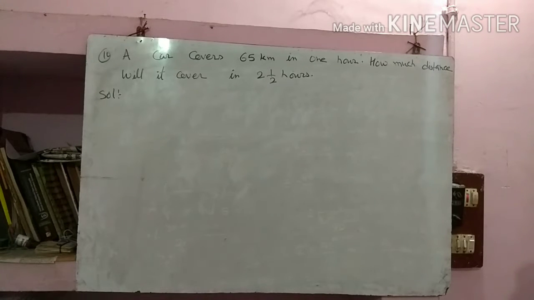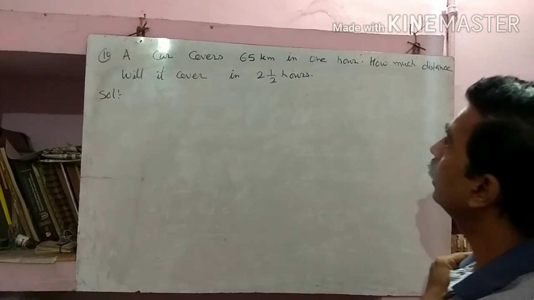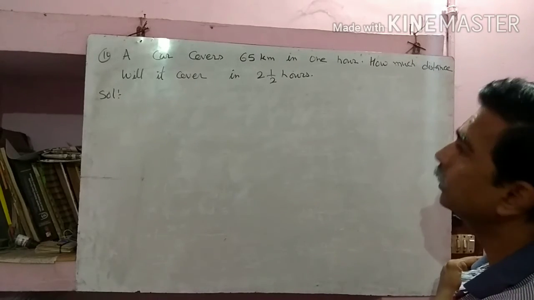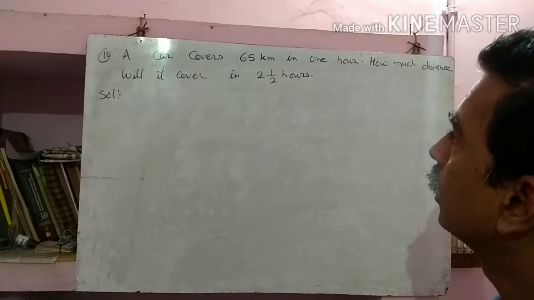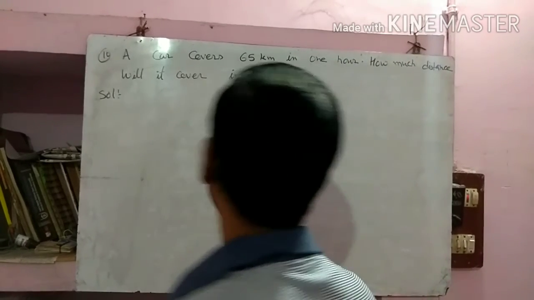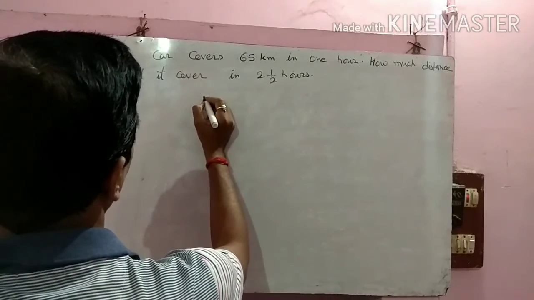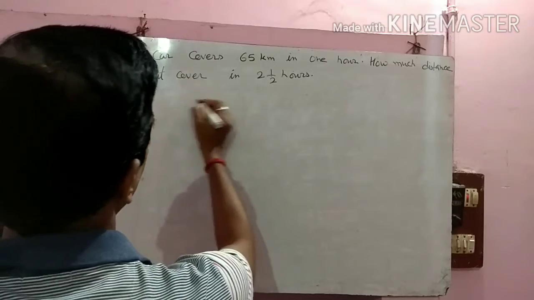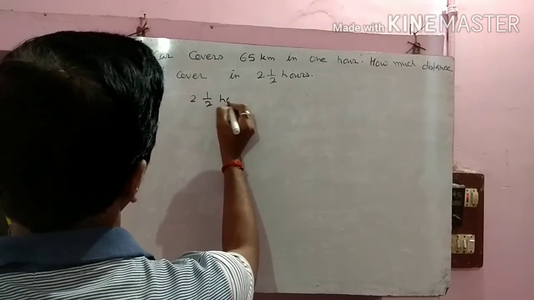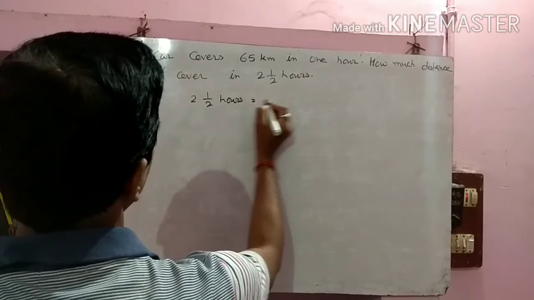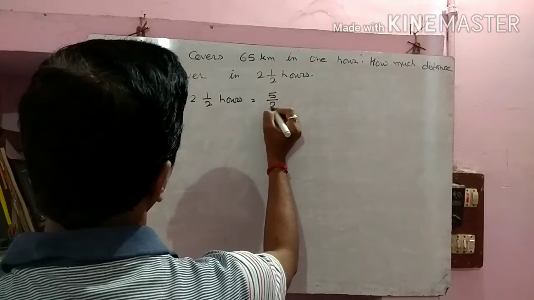Look here, next question is, a car covers 65 km in 1 hour. How much distance will it cover in 1 1/2 hour? So you can write that: 1 1/2 hours is equal to 2 times 2 is 4, plus 1 becomes 5 by 2.